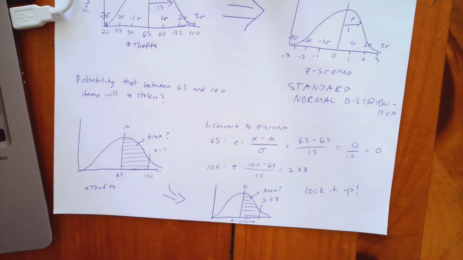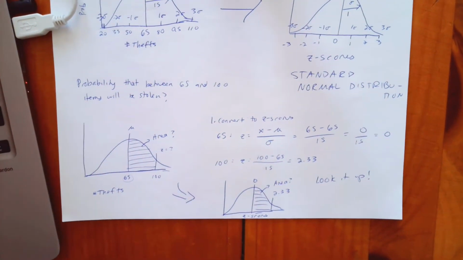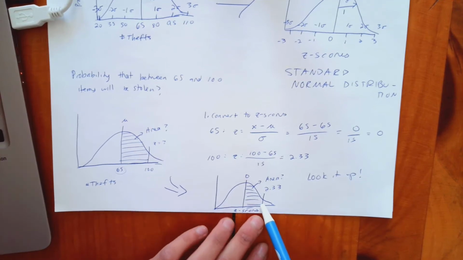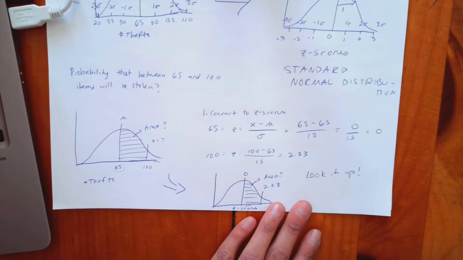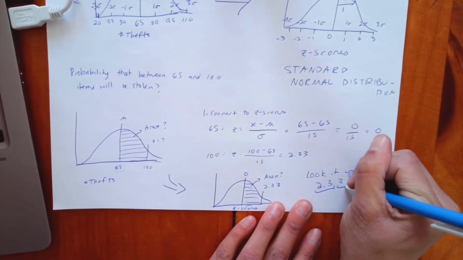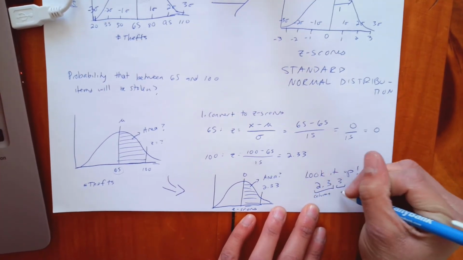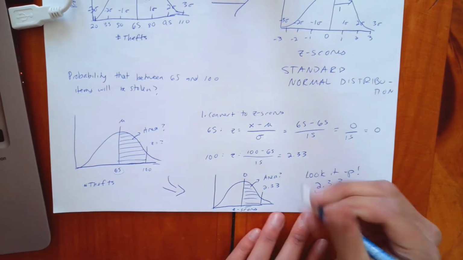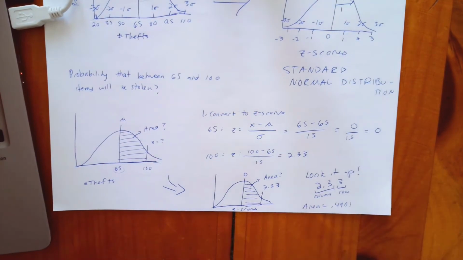So we use the z-table to look up the area under the curve between our mean of 0 on the standard normal distribution and a z-score of 2.33. And again, we did that by looking it up on the table, the 2.3 in the column, and then the 0.03 in the row. When we did this, we came up with an area of 0.4901.